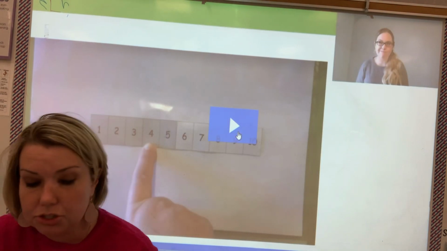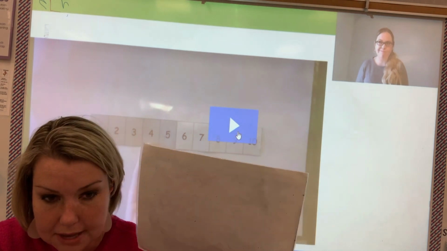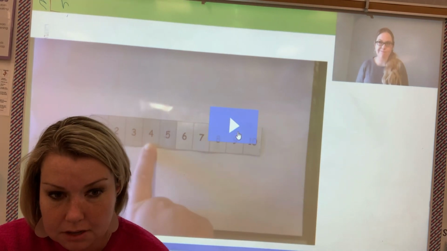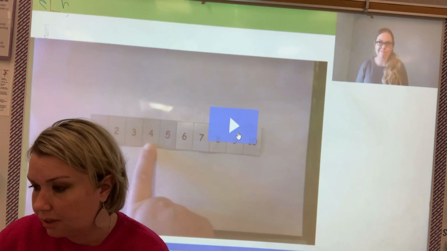You are going to need your number path and probably your plain whiteboard.